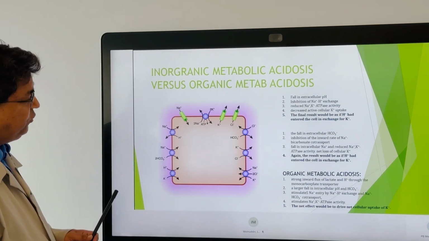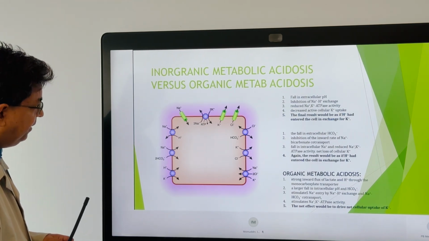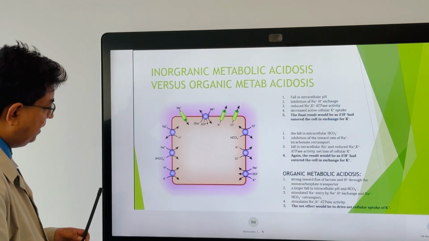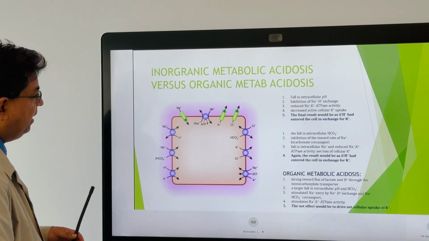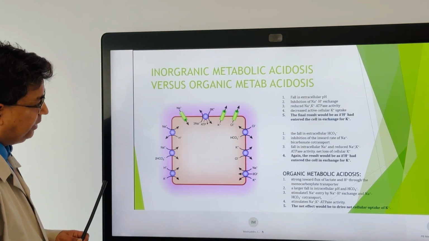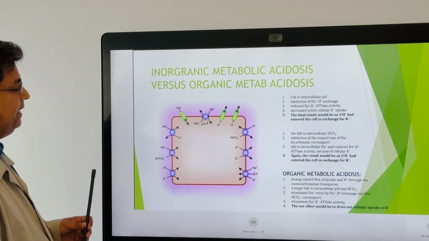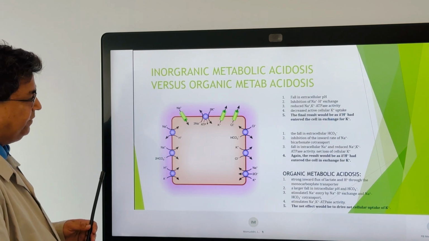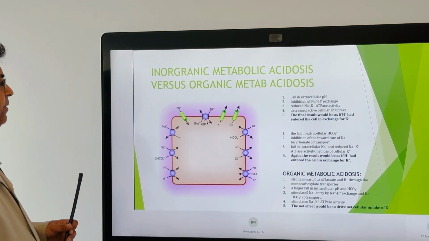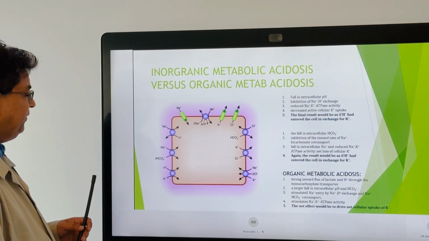The fall in extracellular bicarb would inhibit the inward rate of sodium bicarbonate co-transport, and then the fall in intracellular sodium, reduced sodium potassium ATPase activity would result in net loss of cellular potassium. Again, the result would be as if protons had entered the cell in exchange for potassium.